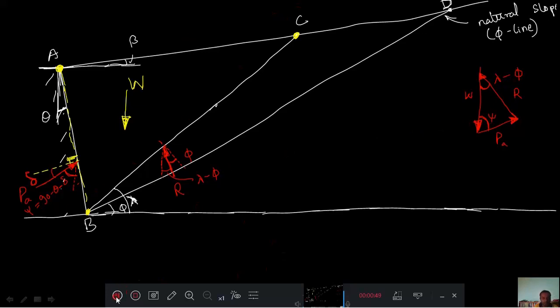Any doubts here? Now our task is to get the best possible angle, that is lambda, so that we can get the exact failure wedge. When we get the exact failure wedge, then I can say that the corresponding PA is the active earth pressure.